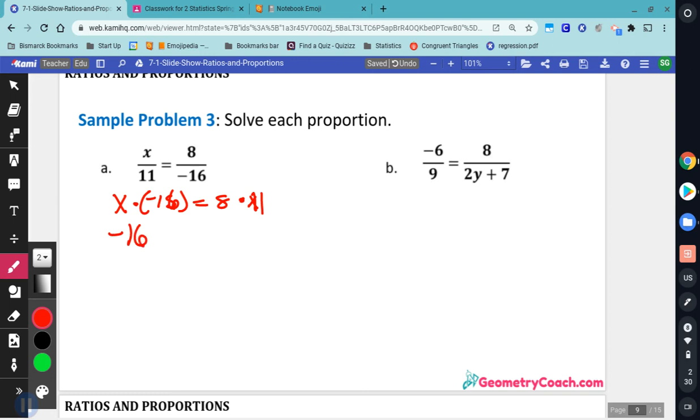So negative 16x equals 88. And lastly, x equals, pretty sure that's 5, but let me check. Nope. 88 divided by 16 is 5.5. And that would be negative because I divided by negative 16.